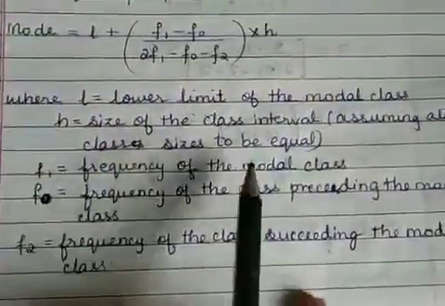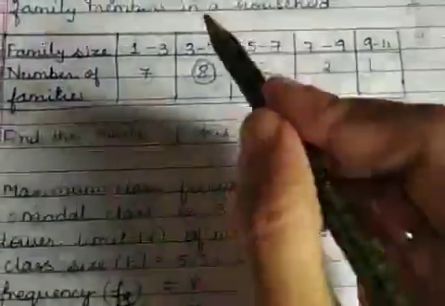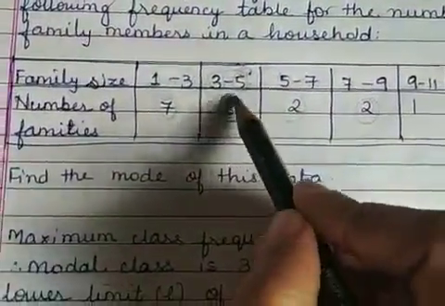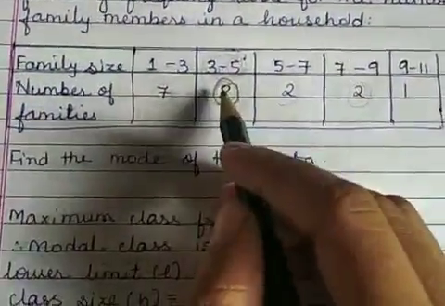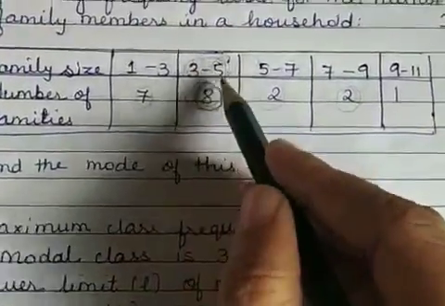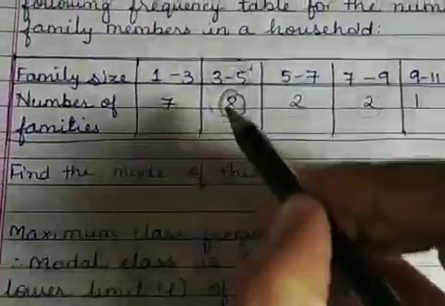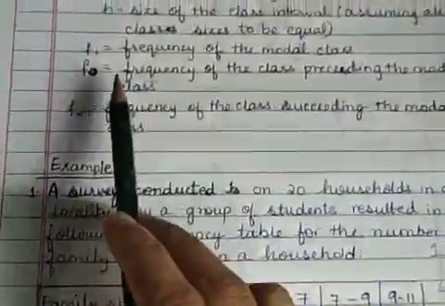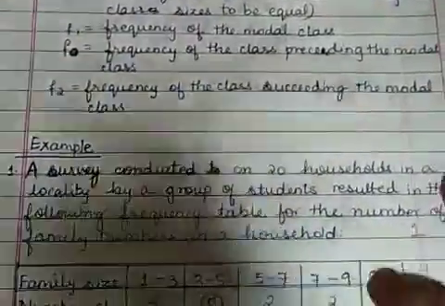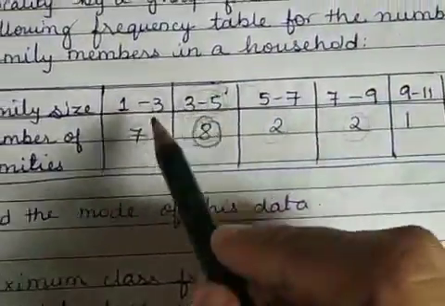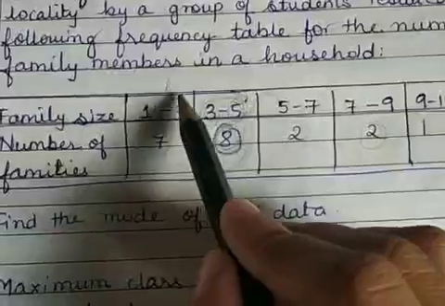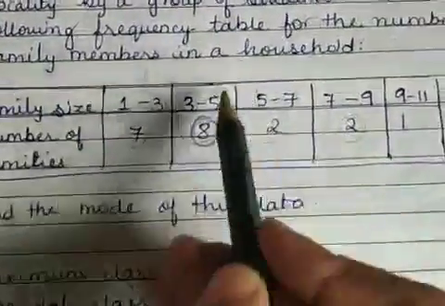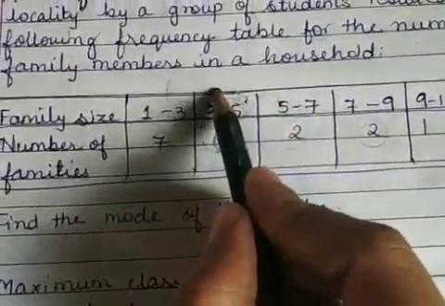Then f1 is the frequency of the modal class. These are all frequencies, correct? This is your modal class. What is the frequency of the modal class? 8. And f0 is the frequency of the class preceding the modal class.